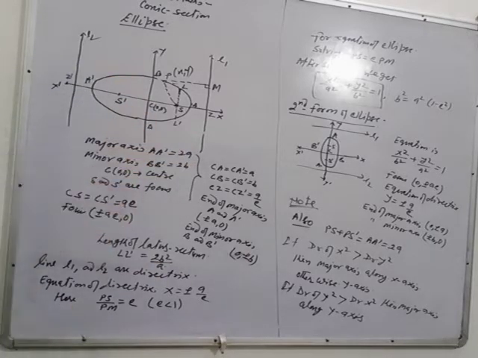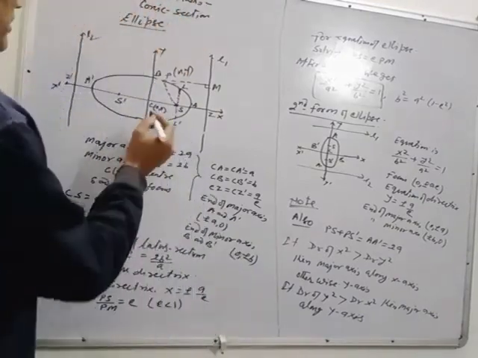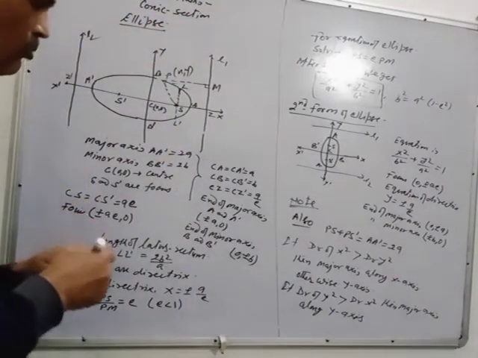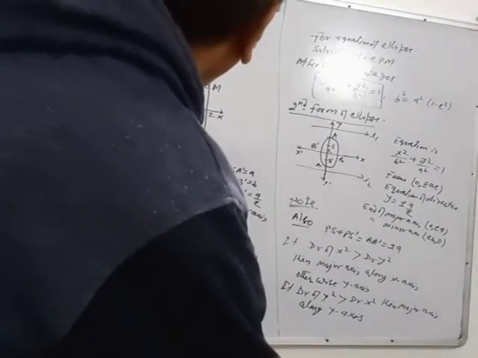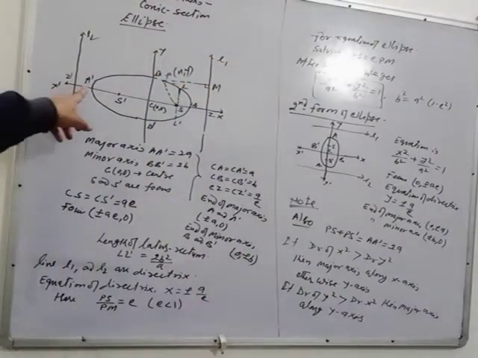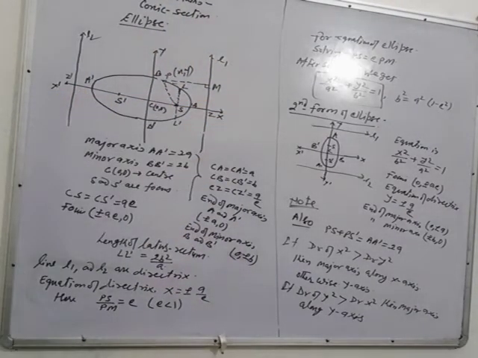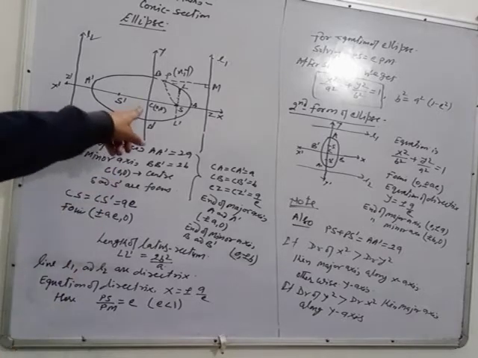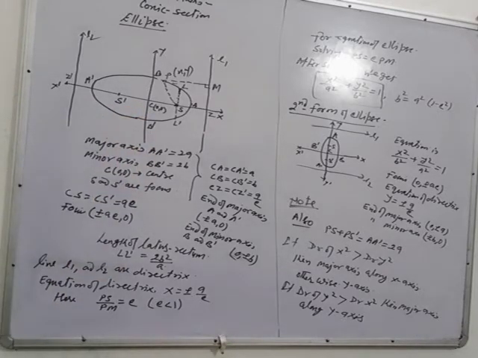B to B dash is the minor axis. In the figure, the major axis is along the x-axis, and C is the center at the origin. AA dash is the major axis, length represented by 2a. Minor axis BB dash, length is 2b.